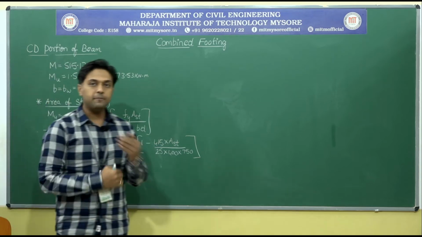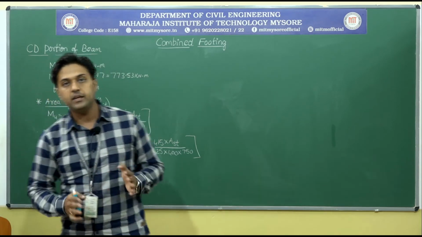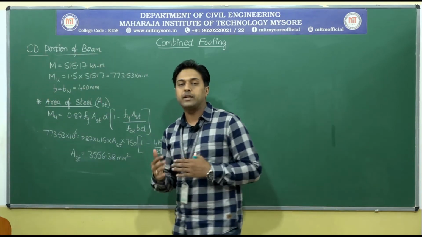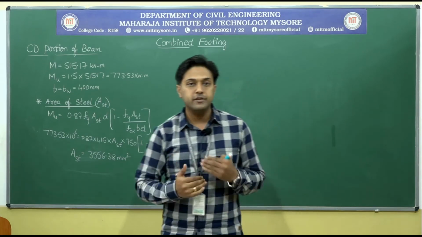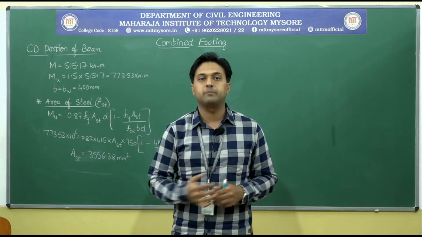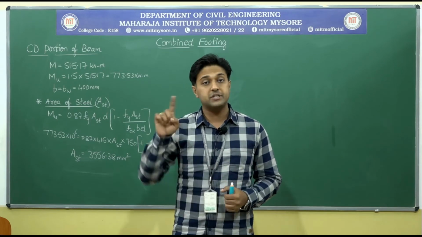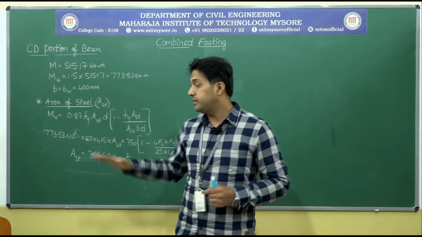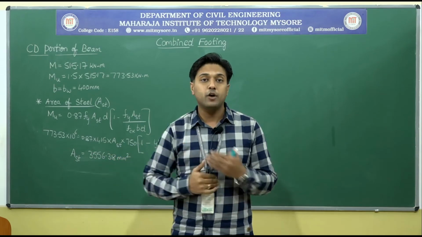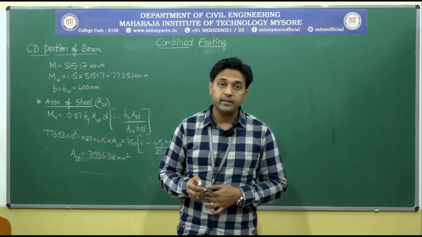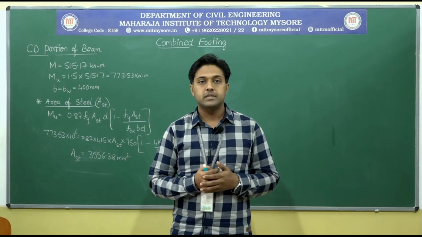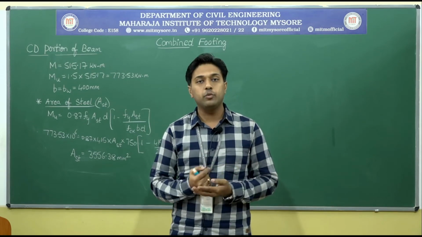For the AB portion and BC portion, I think you remember the value that we got. It was around 1014 or 1100 and something. For that, we assumed the diameter of the bar as 20 mm, but here the value is 3000 and odd. So go with 32 mm. Sir, is there any mandatory rule that we need to go with 32 mm?